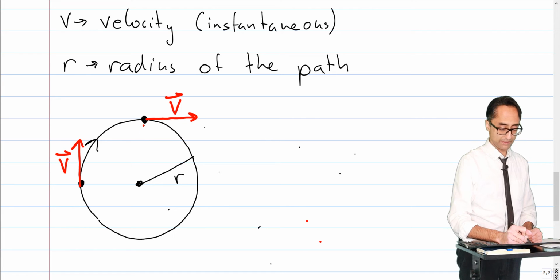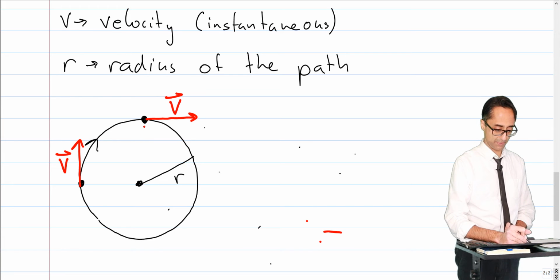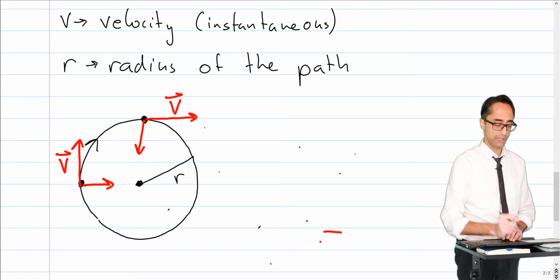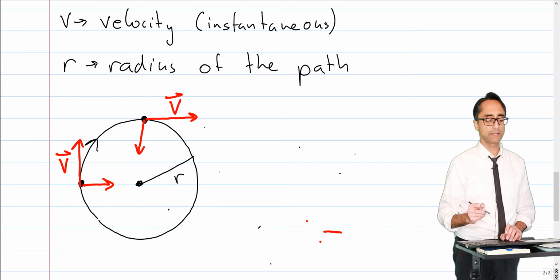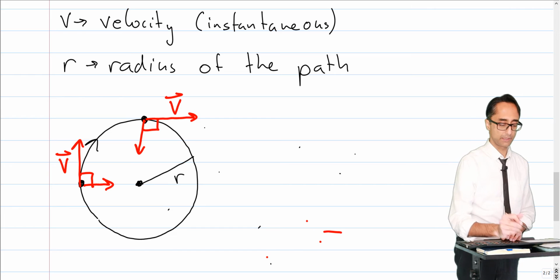Another term we want is our centripetal acceleration. That dot was supposed to be straight up, but it's okay, as long as my centripetal acceleration is always pointing towards the center. And that means that this has to be 90 degrees. That doesn't look quite like 90. Let's see if we can fix that a tiny bit.